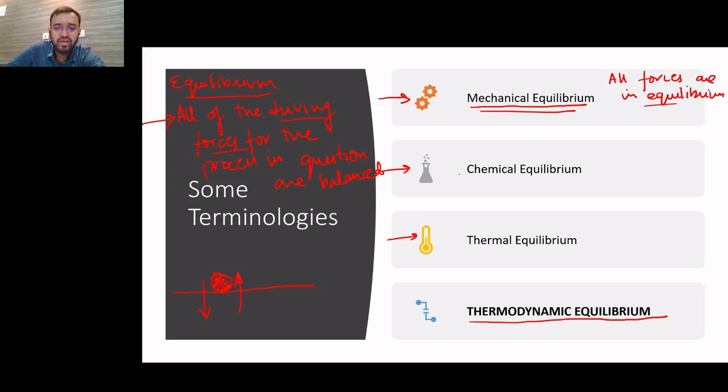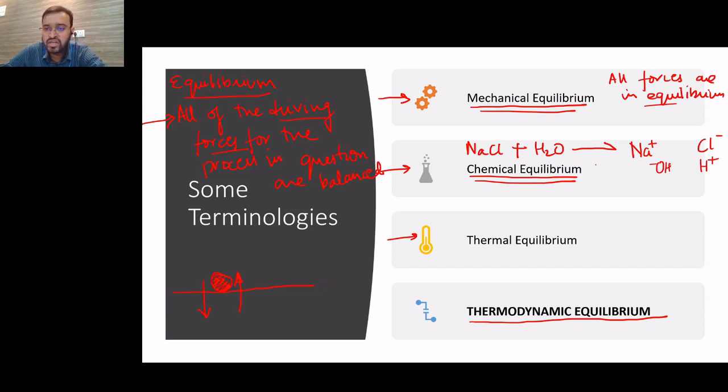Then we'll talk about chemical equilibrium. What are the driving forces in a chemical process? Say you have salt and water. If you add salt to water, the salt dissociates, and you have some amount of sodium ions, some amount of chloride ions, and some hydroxyl and H plus ions.